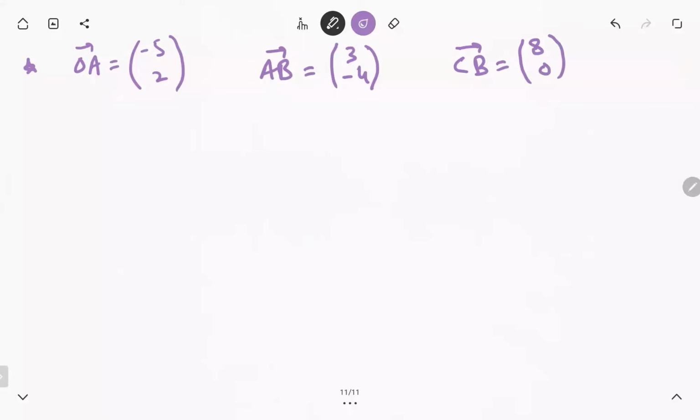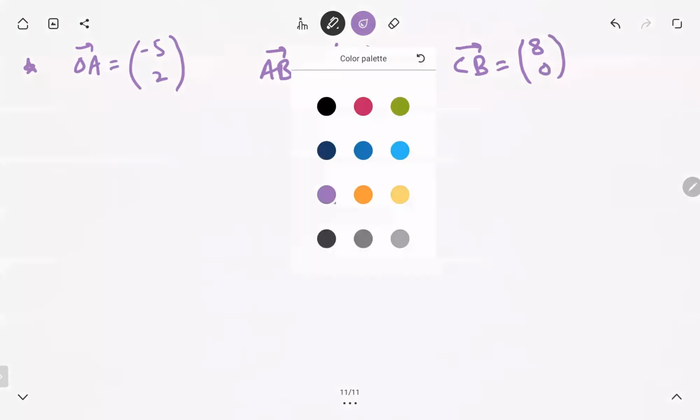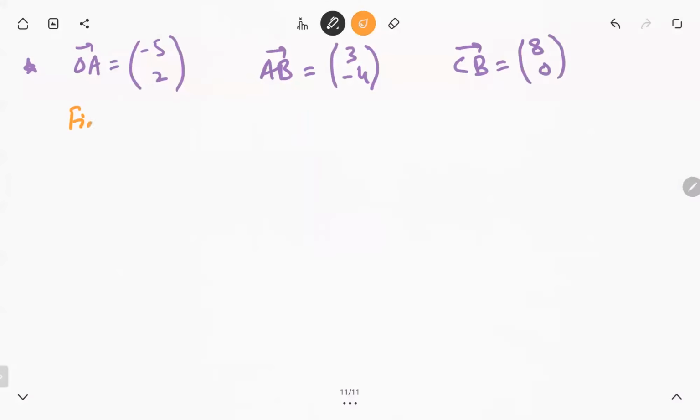This is the information we have, and the question is to find number 1, position vector of B. We have to find position vector of B. The first thing, position vector means which vector do we have to find?